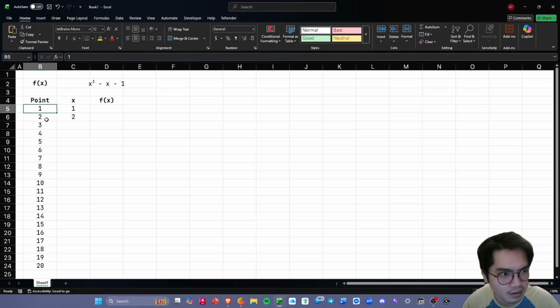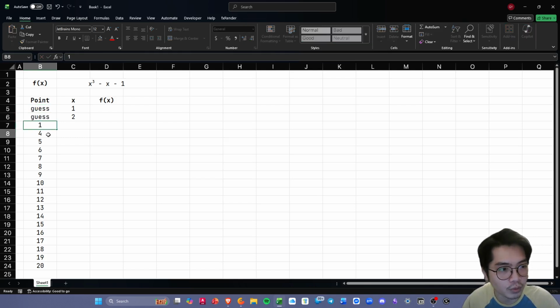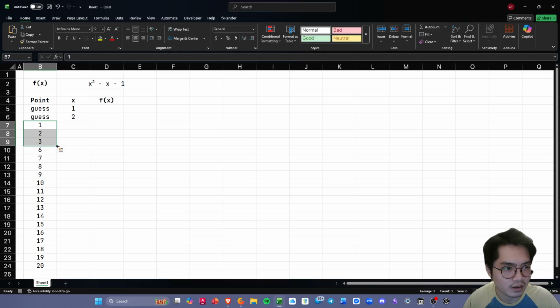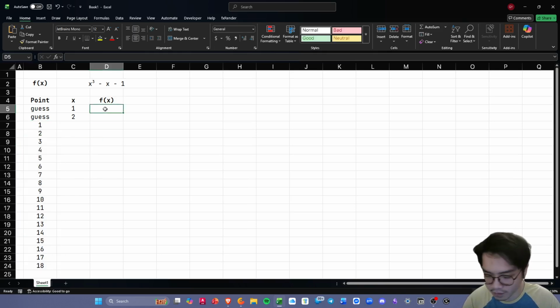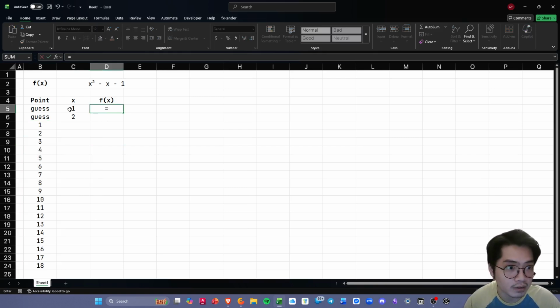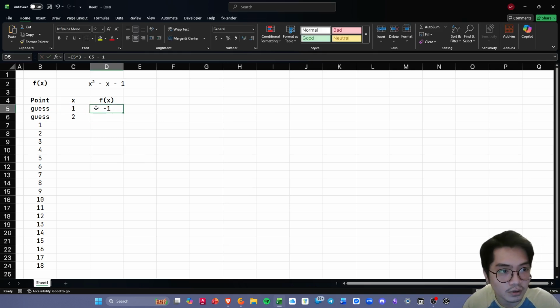Let's just make that guess, and then guess. Then this is point 1, 2, 3, so on and so forth. Your f of x for here will be this raised to 3 minus C5 minus 1. Currently it's -1, and then this is 5. So we have everything correctly.